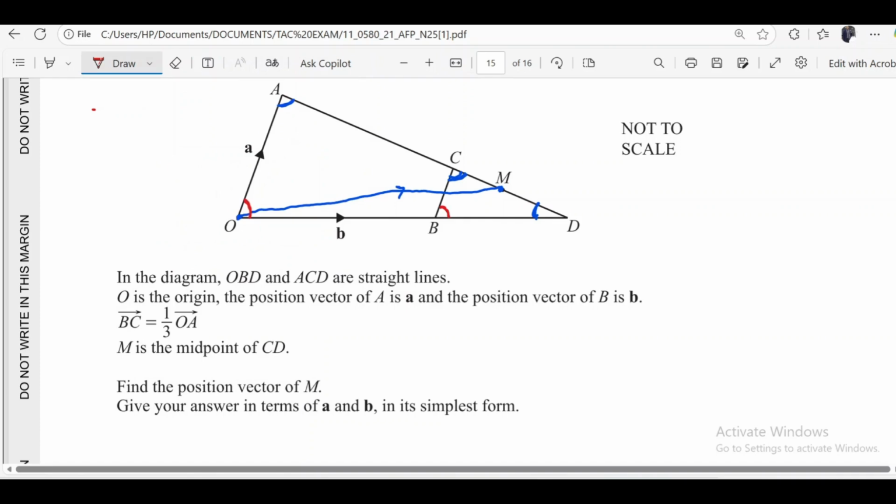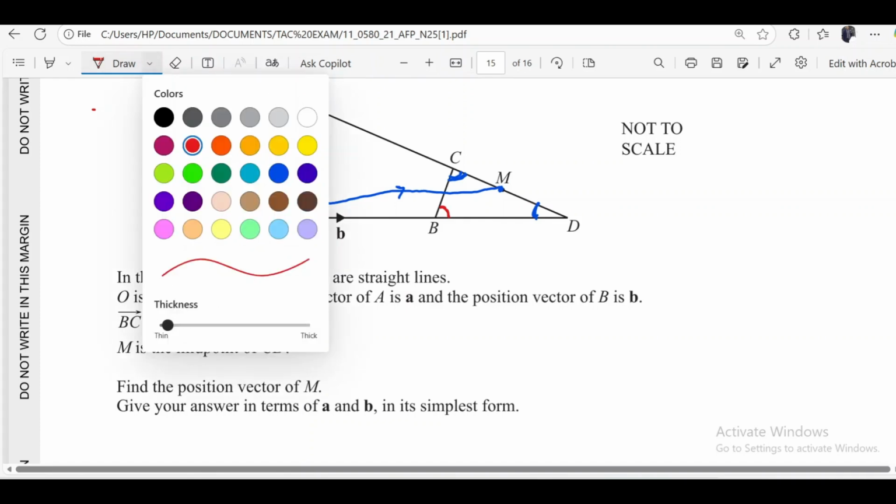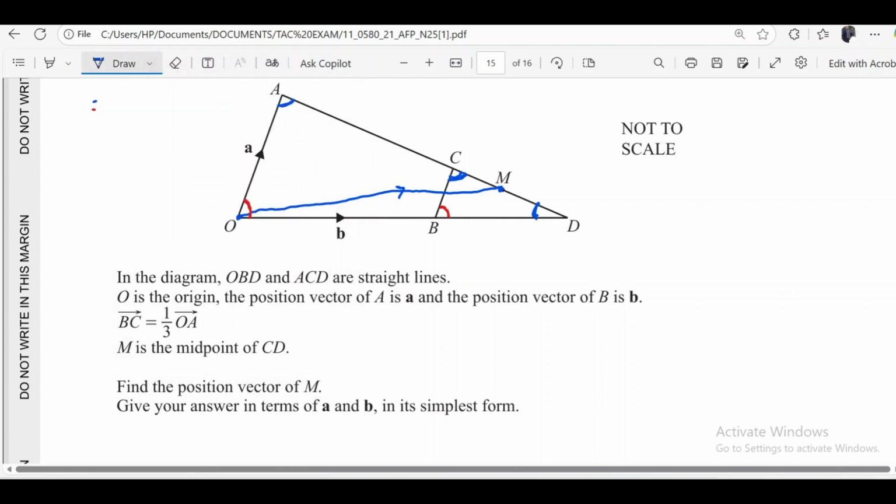Now, if the two triangles are similar, BC over OA is going to give us 1 over 3. That's the ratio of their corresponding lengths. If you look at the length BC in the small triangle and then OA, this corresponds.